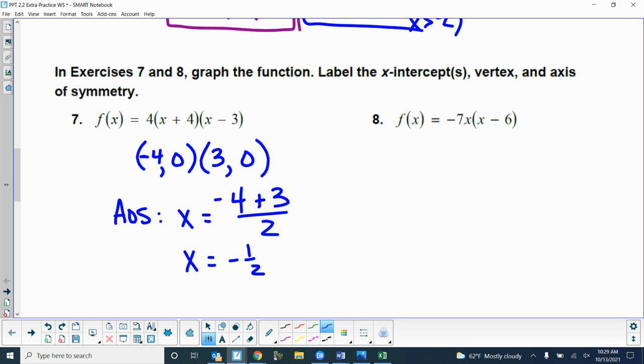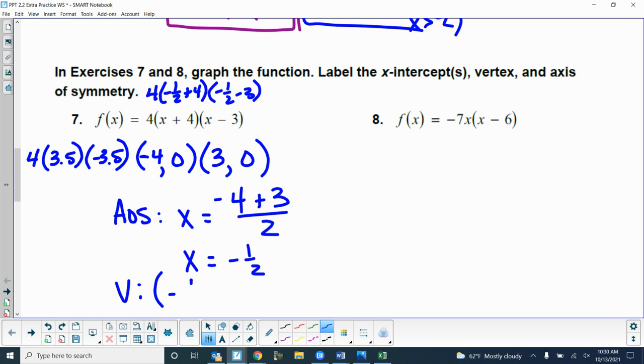Okay? And then my vertex, I put -1/2 in for x to find the y. All right? So that's 4 times 3.5 times -3.5, right? And that came out to -49. Yeah. So the vertex is way down there.